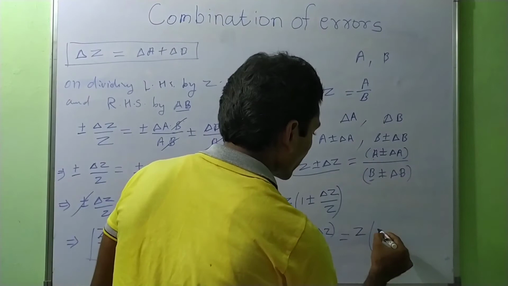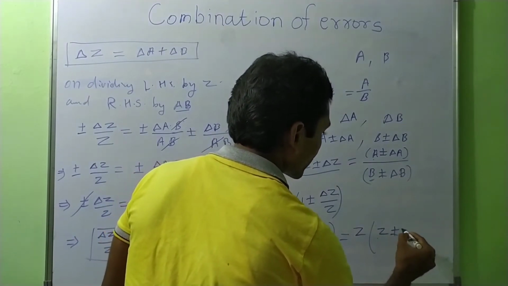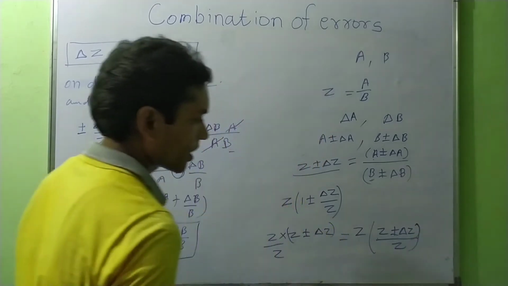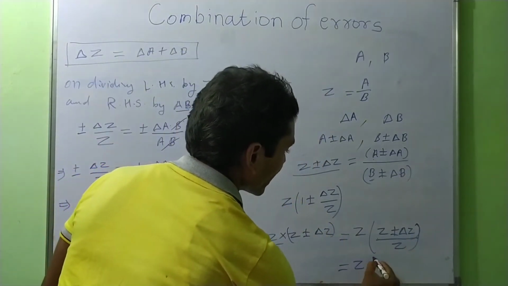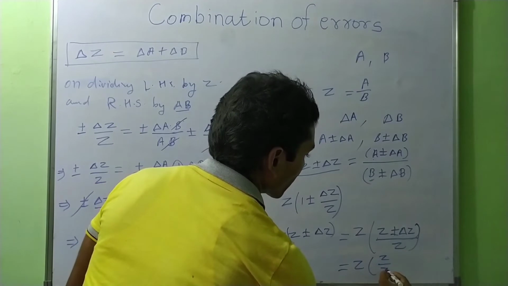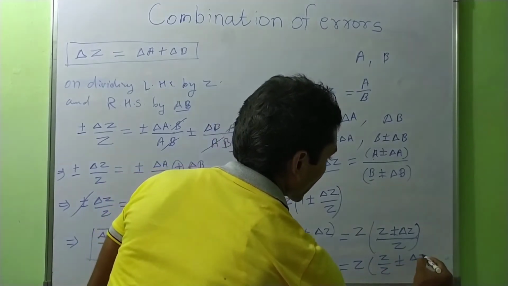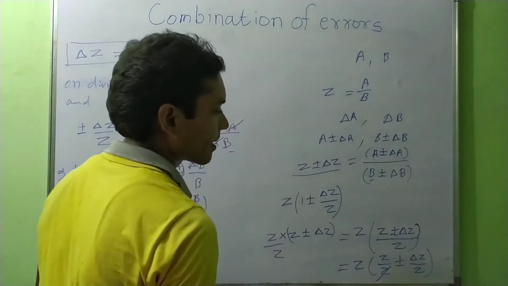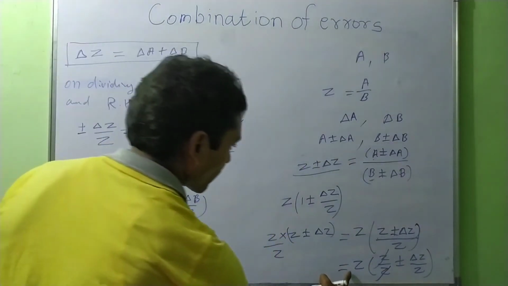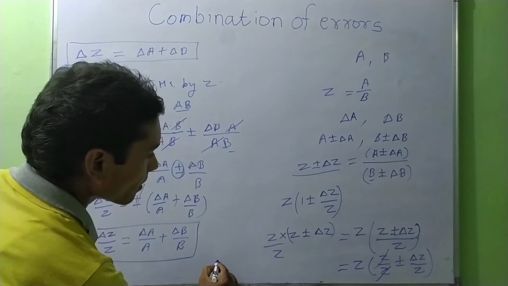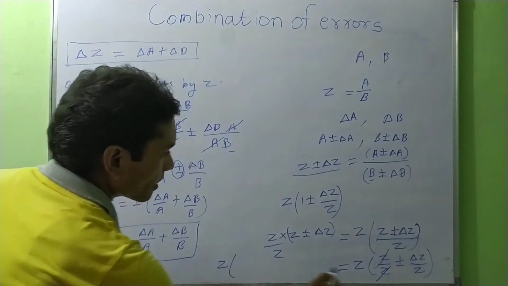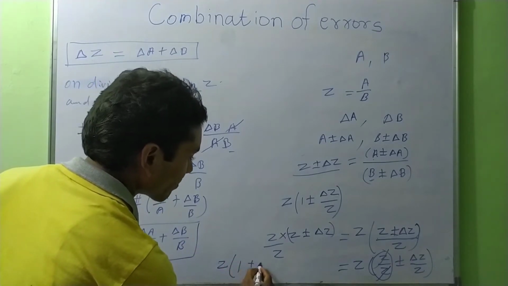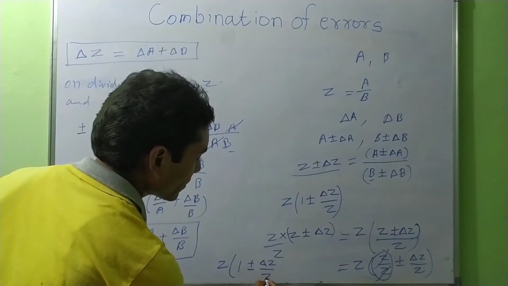Then it will be Z times Z plus minus del Z upon Z, which is Z times 1 plus minus del Z upon Z. So this Z cancels, and 1 will remain 1, and plus minus del Z upon Z.